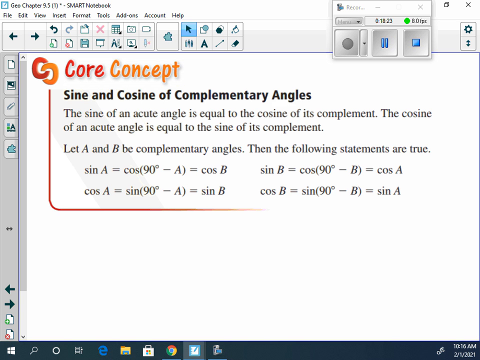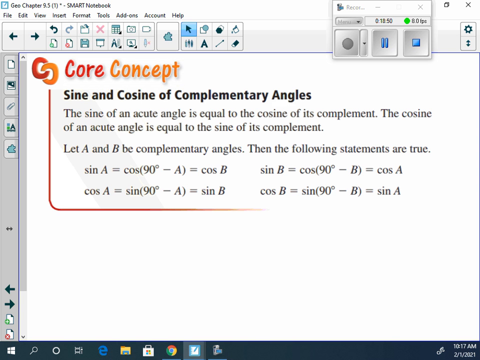Sine and cosine of complementary angles. This is true for all values of sine and cosine. That sine of angle A is equal to cosine of 90 minus A, which is equal to cosine of B. So whatever angle A is, if we take that angle and subtract it from 90, we would get the value of cosine. It also works out that cosine of angle A is equal to sine of 90 minus that angle.